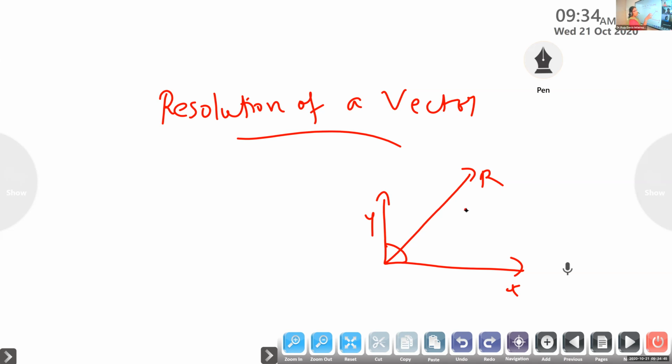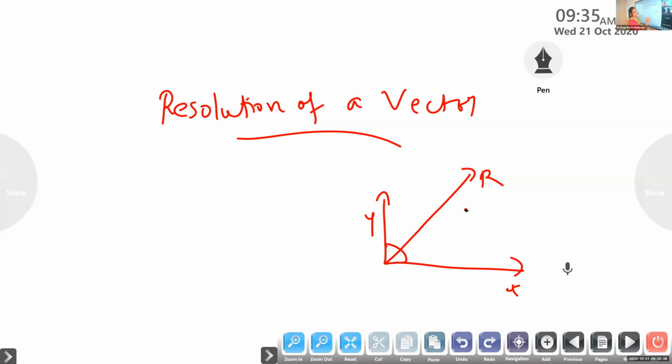Okay. So in this shape, they are inclined at a particular angle. We have to find what R will be in the x-axis and what R will be in the y-axis. That is known as the components of a vector.